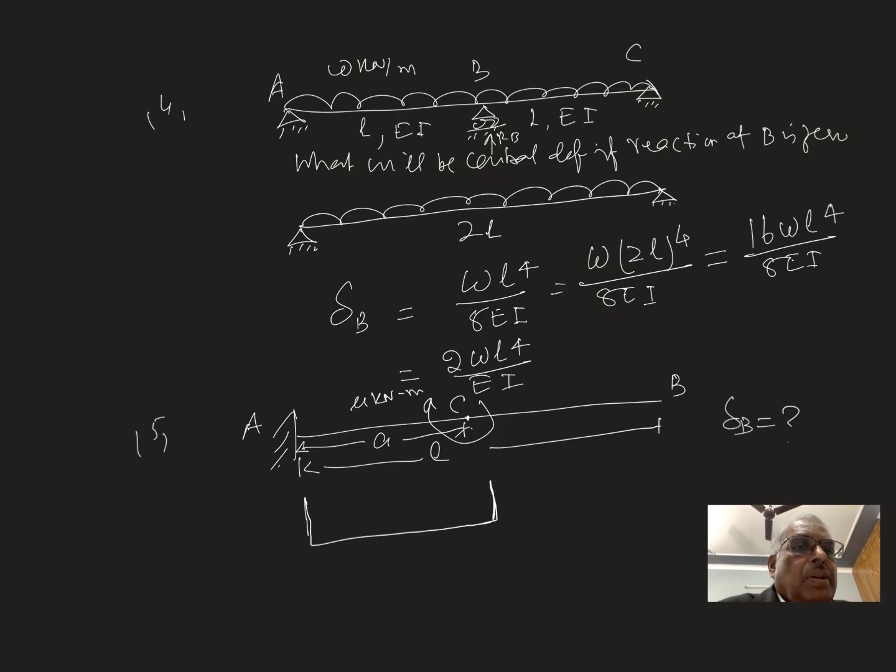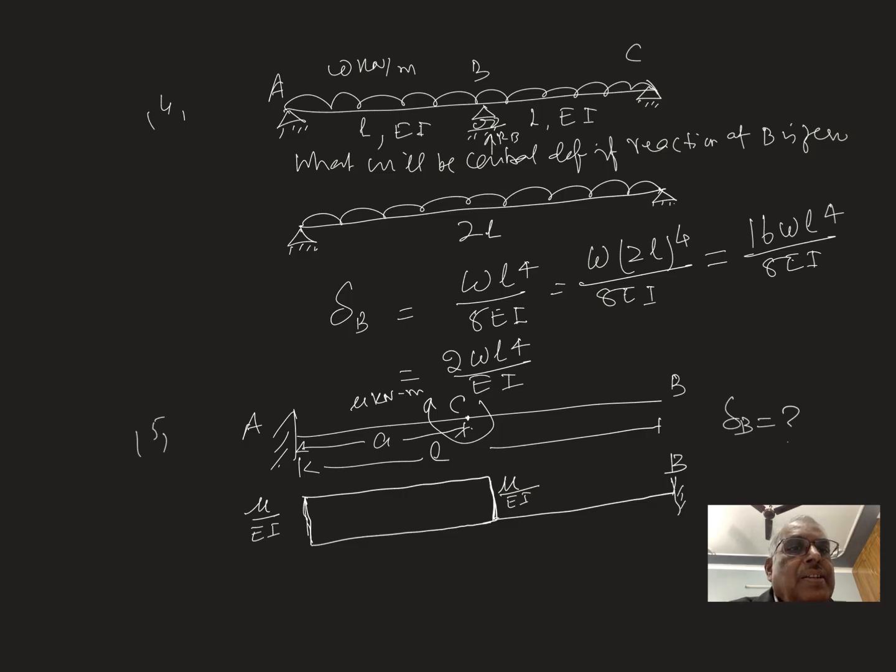If I draw the bending moment diagram, because here there is no load, only here there is, that moment will be transferred. This is the value of the bending moment diagram. Now to make the conjugate beam, you have to divide by EI, and the free end you make fixed.